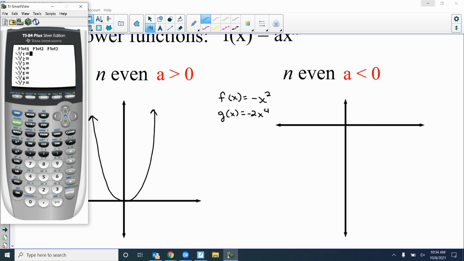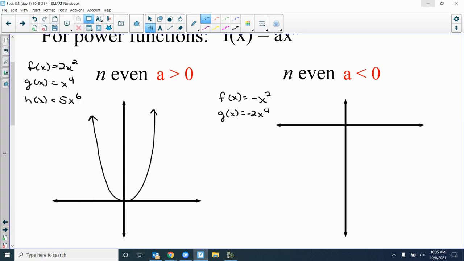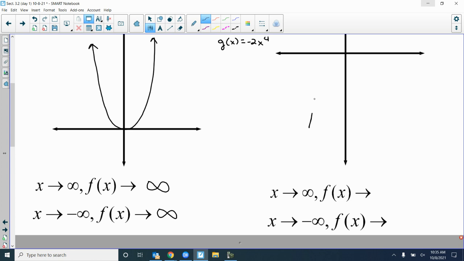Y equals negative x squared, and I hit graph. And then what if I do y equals negative 2x to the 4th power, and I hit graph. It's going to be parabolic in shape, but it opens what? Down. The negative makes it open down. Still is going to hit at 0, 0.